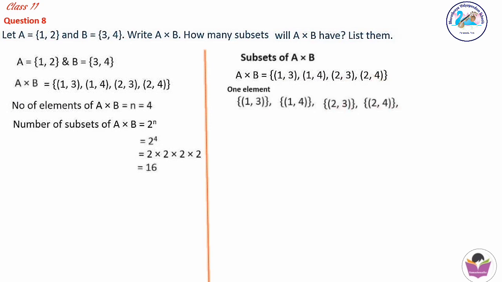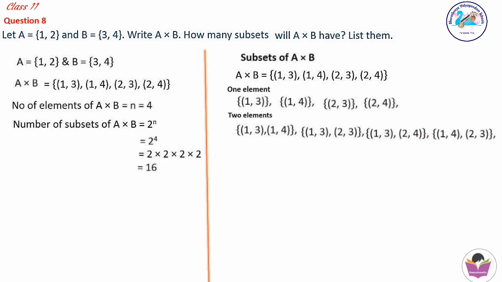So all the single elements are separated and we have formed subsets. Next, with two elements: (1,3),(1,4), first and second taken; (1,3),(2,3), first and third; (1,3),(2,4), first and fourth; (1,4),(2,3), second and third; (1,4),(2,4), second and fourth; and (2,3),(2,4), third and fourth.